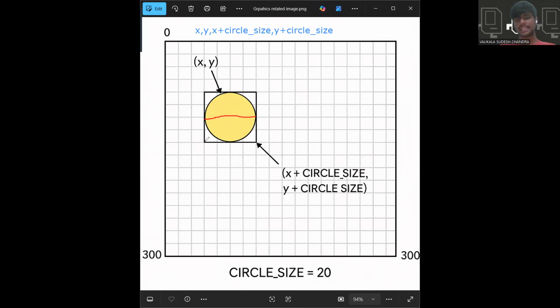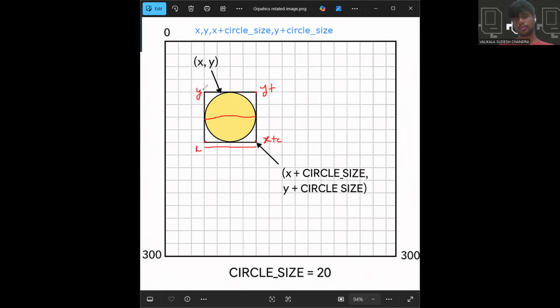We have the x value over here and the y value over here. We are ensuring an extra space for the circle. That coordinate is x plus circle size, which has been provided over here. Another one is similar, y plus circle size. I'm talking about this point, and similarly this point.